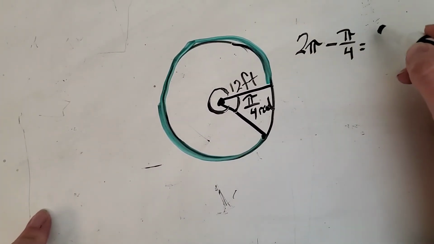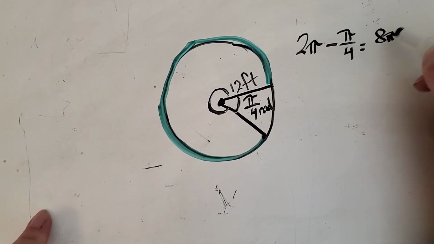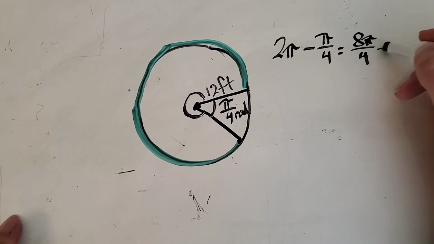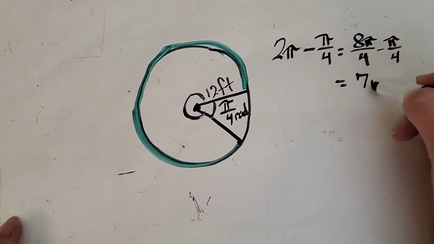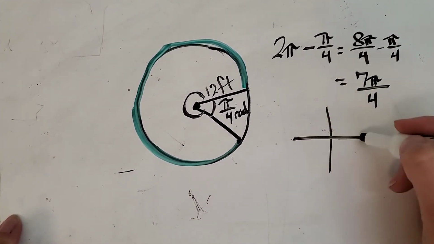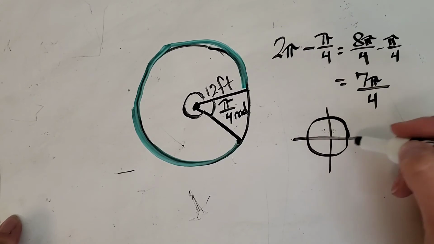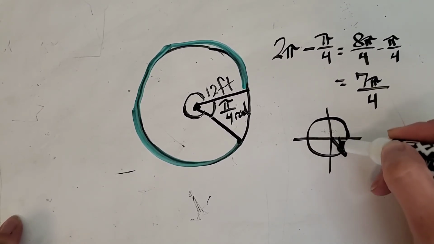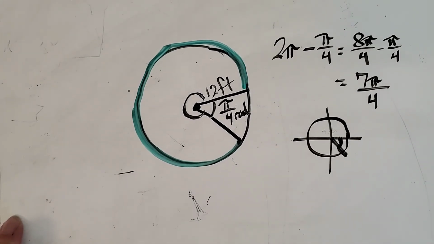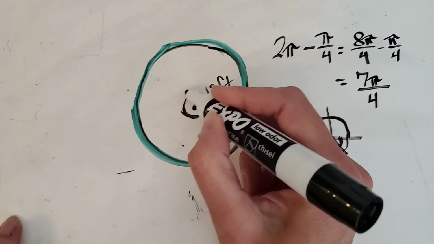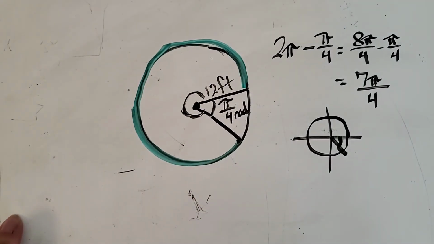Let's just change that into fourths. 2 pi is 8 pi over 4 minus 1 pi over 4. That's going to be 7 pi over 4. And if you picture that unit circle, and we're subtracting off, right over here is 7 pi over 4, and that reference angle was pi over 4. So this central angle is 7 pi over 4 radians.